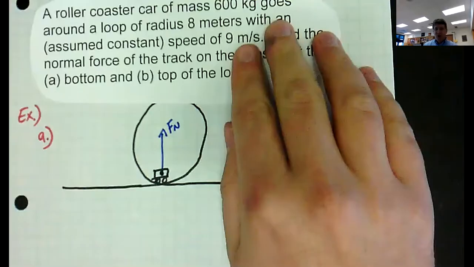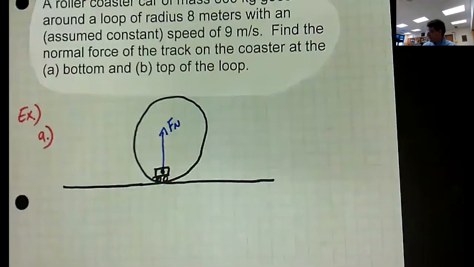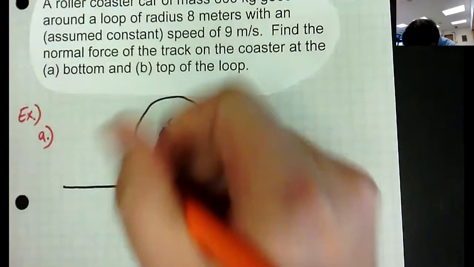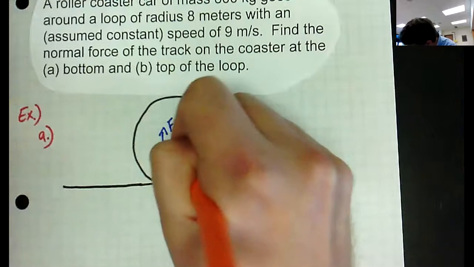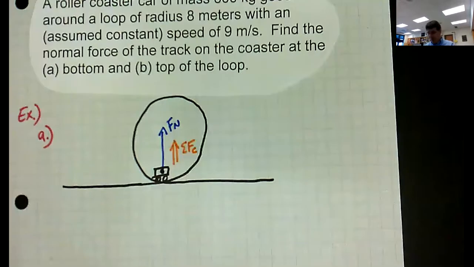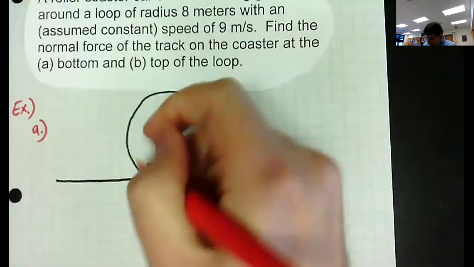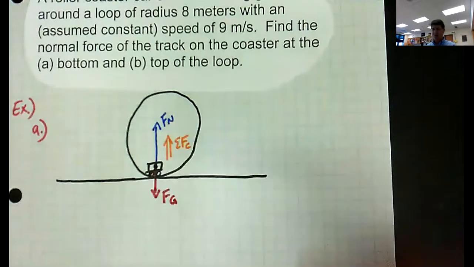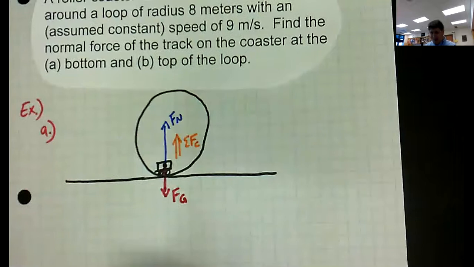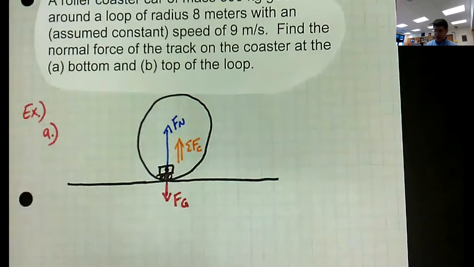In order to go in a circle, you have to have a centripetal force. And centripetal force is a force that points to the center. So what we need is we actually need gravity to be less than normal because we need the net force to point to the center.